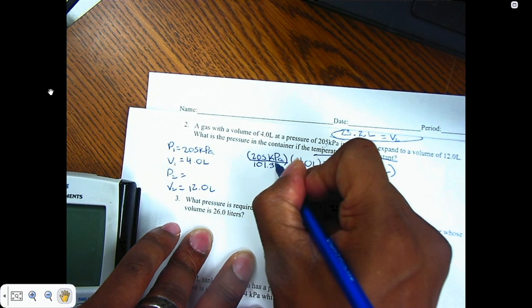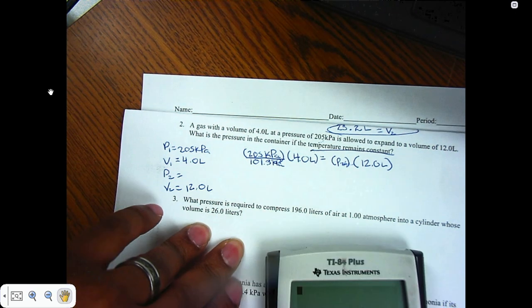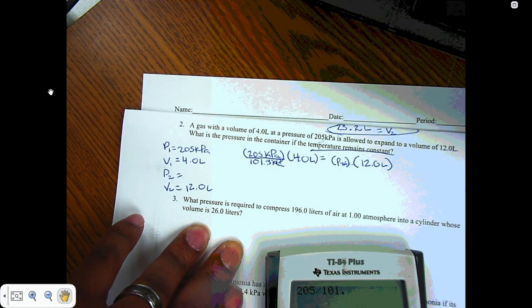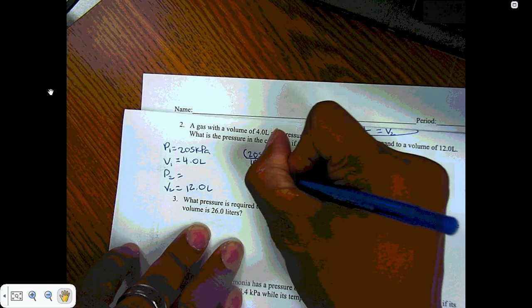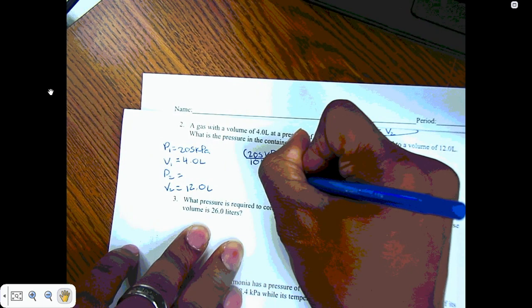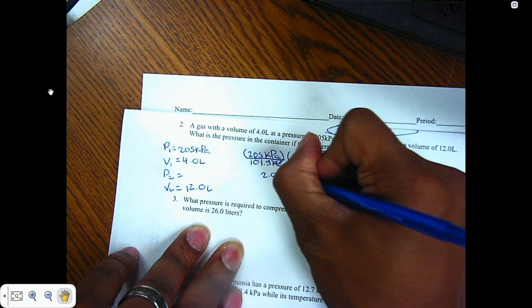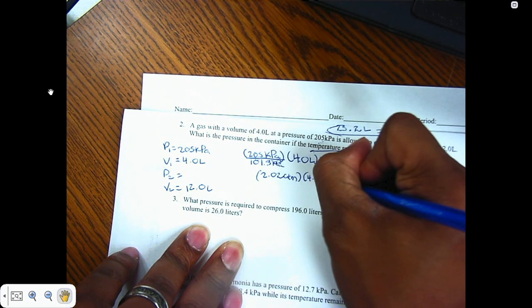101.3 kPa is what you divide that by to convert it to ATMs. That yields 2.02 ATMs. And then we are going to multiply that times our 4 liters, and everything else checks out as the same.